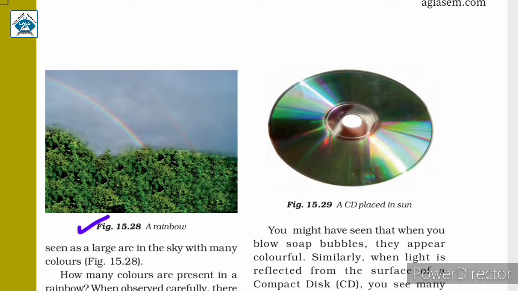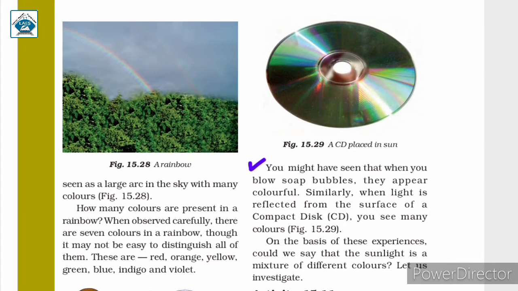You might have seen that when you blow soap bubbles, they appear colorful. Similarly, when light is reflected from the surface of a compact disc, CD, you will see many colors as shown in figure 15.29. You can also observe that when you blow soap bubbles, they are colorful.